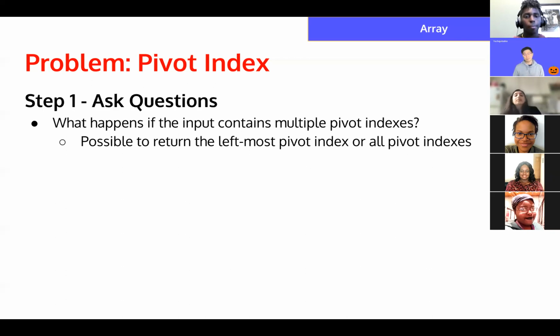So that might be a good question to ask. In this case, let's keep it simple and say we only want to return the leftmost pivot index, meaning the first pivot index that you encounter, you could just return that instead of having to keep track of all possible pivot indexes.